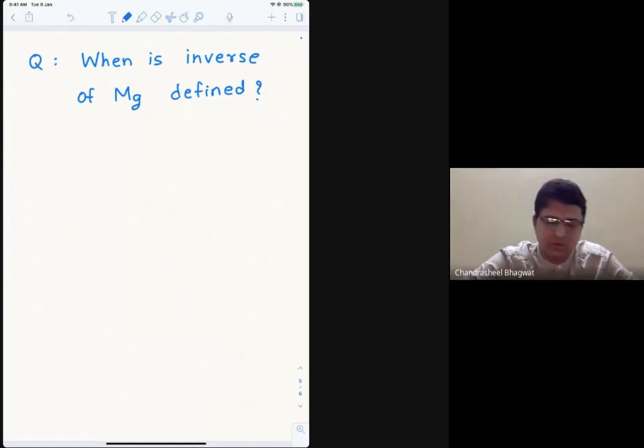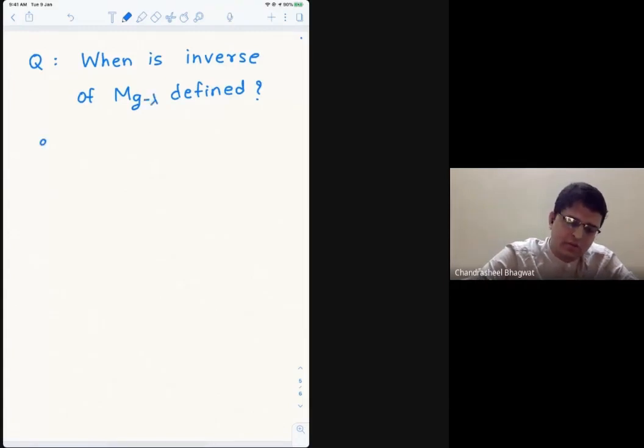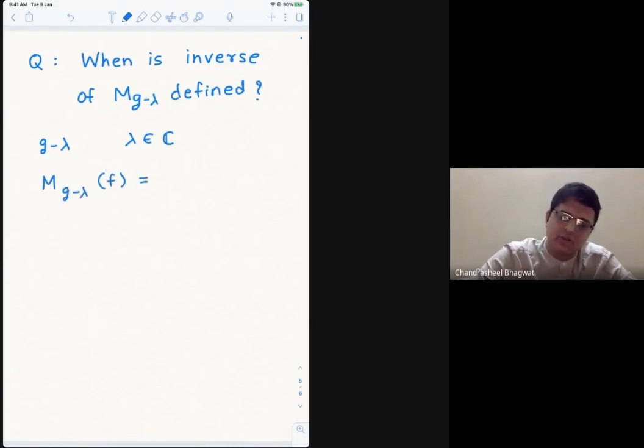Let me parameterize this question by not just looking at M_g, but I will talk about a slightly different variation of this. So let me just change it here. You look at g minus lambda, where lambda is a complex number. And what is M_(g minus lambda) doing? It's going to take f to (g minus lambda) times f.